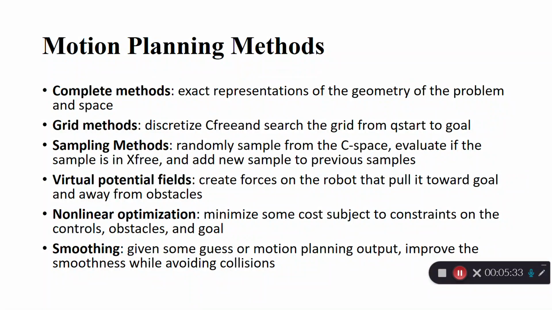And the last one is smoothing, which improves the smoothness of the motion planning output while avoiding collision. So it gives you a smoother path and a proper motion of the robot from x start to x goal.